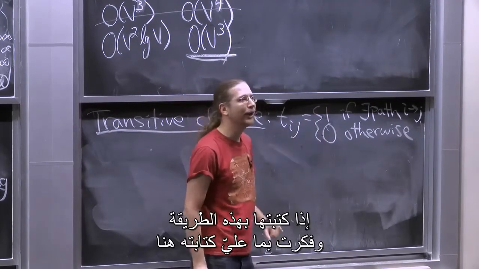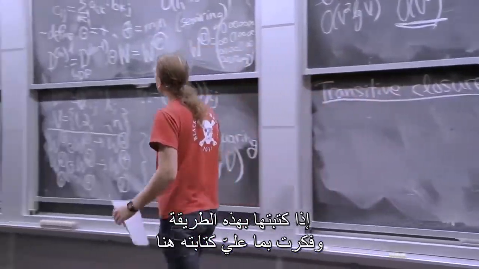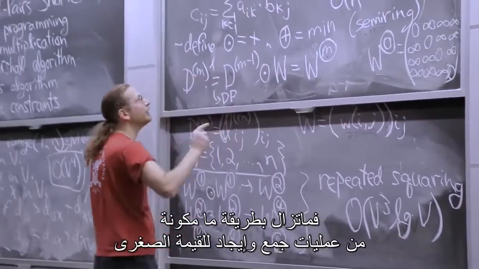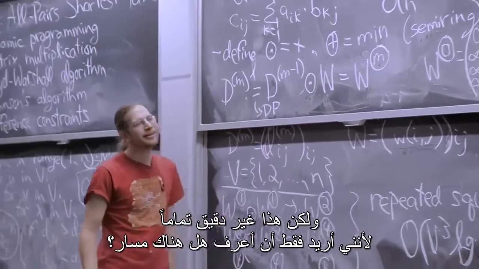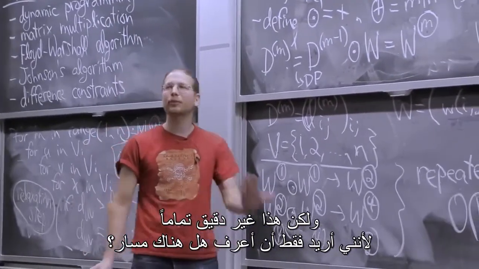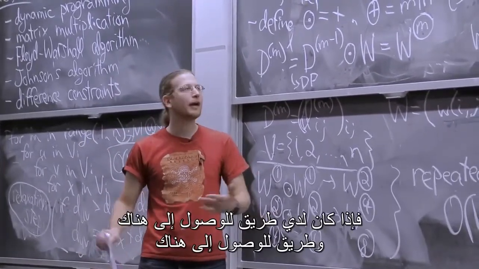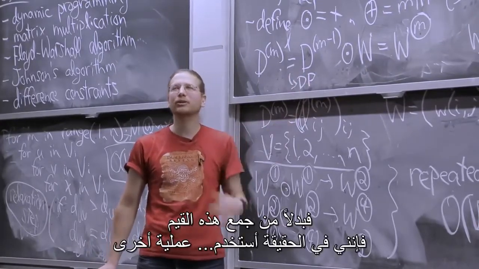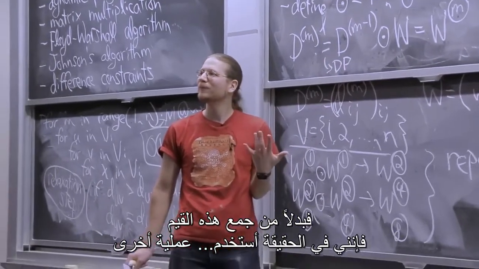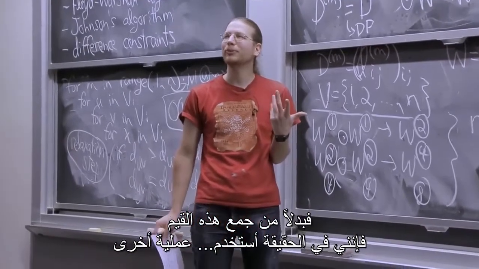If I write it this way, and then I think about what I need to do here, it is still in some sense plus and min, but not really, because I just want to know, is there a path? So if I have a way to get there and a way to get there, instead of adding up those values, really I'm taking some other operator.